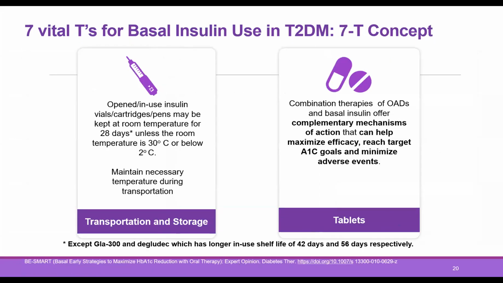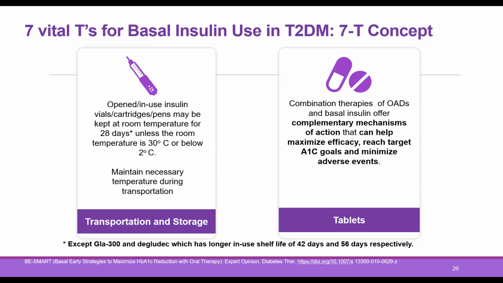Now, transport and storage is another important issue in front of us. Insulin remains intact at room temperature up to 28 days. So therefore, if the patient is using an insulin pen, I usually advise to keep it at room temperature, because in most situations it is usually consumed within a 28 day period. It hardly matters.